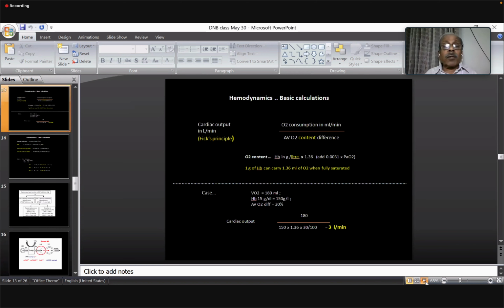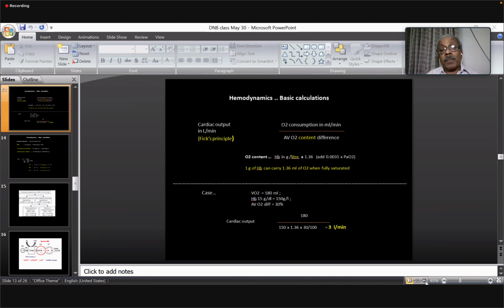Okay. Now we try to calculate the cardiac output. Oxygen consumption in ml per minute is 180. That is VO2 is 180. Then arteriovenous oxygen content difference: hemoglobin 15 gram per deciliter is 150 gram per liter, into 1.36.